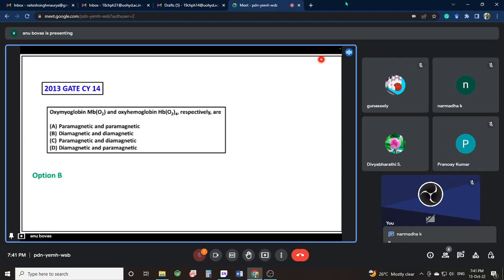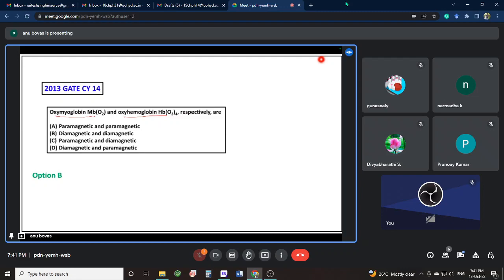Both oxyhemoglobin and oxymyoglobin are diamagnetic. Paramagnetic was in the deoxygenated state, where it was high spin. When oxygen is attached, in both myoglobin and hemoglobin, it becomes diamagnetic, and in the deoxygenated case both are paramagnetic.